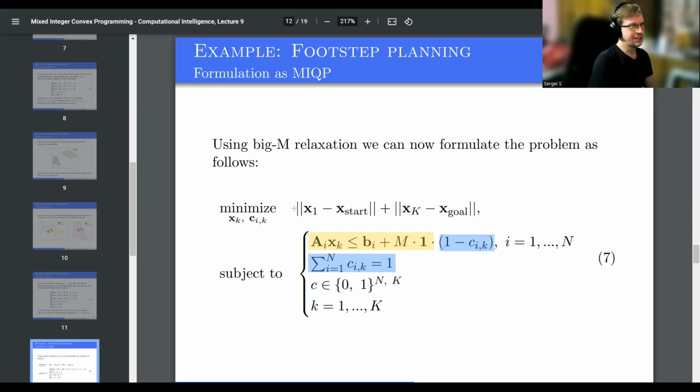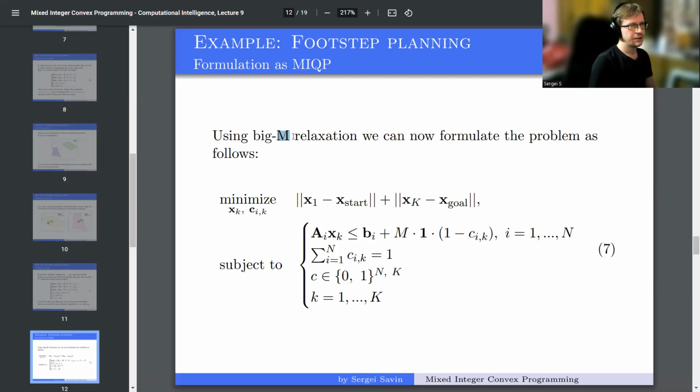So on the union of convex sets. And that's it. This is how we can plan it.